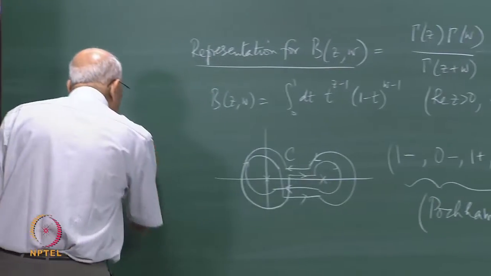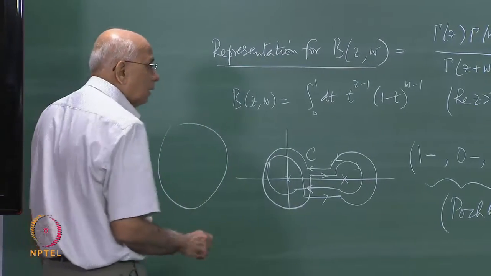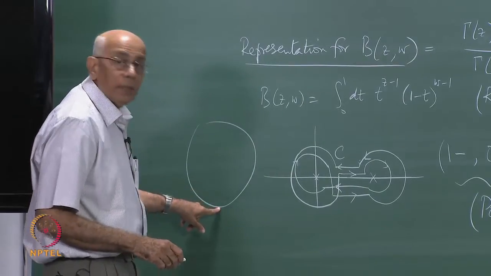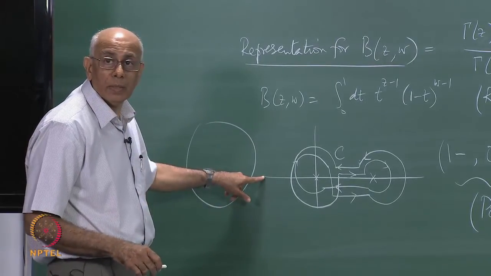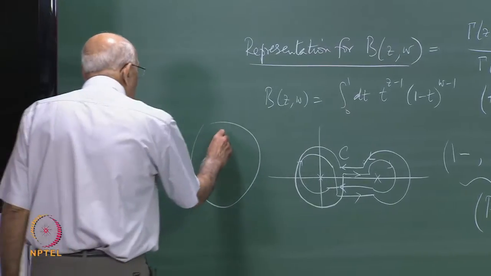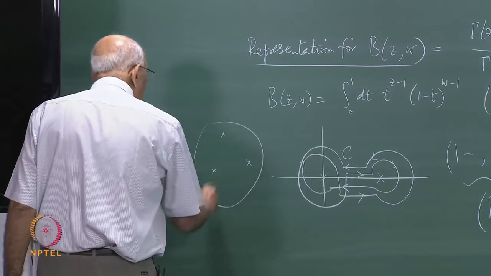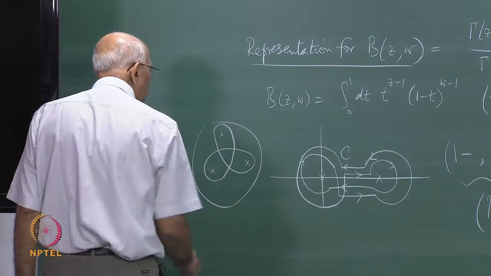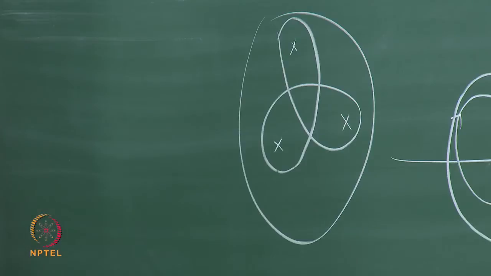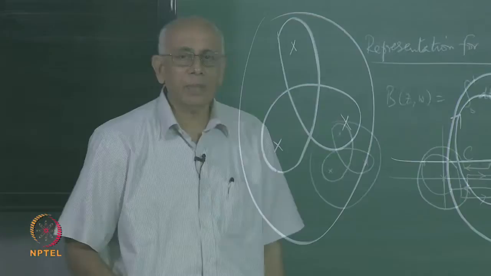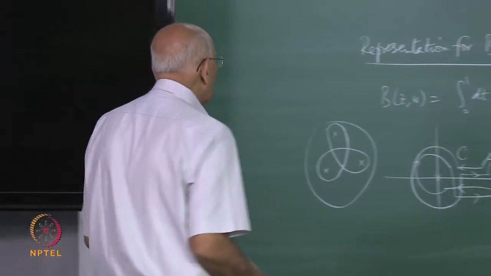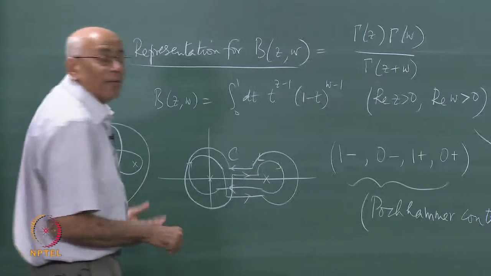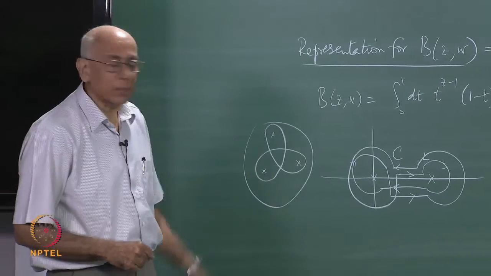Just for the sake of representation, infinity is sitting there, 0 is sitting here, and 1 is sitting on the equator out here, but for the moment let me write them as 3 points here, and then this contour looks like a nice trefoil knot, something like that. You can slip things around, distort them around till it starts looking like this, and you are guaranteed that it is a closed contour once again.